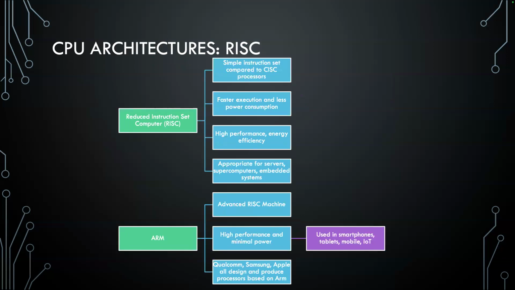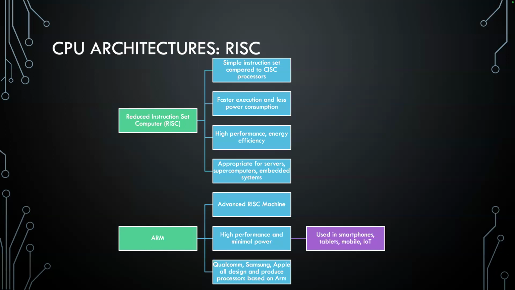Okay, so the RISC instruction set, this is the reduced instruction set computer. It's a lot simpler compared to the CISC instruction set. And it's going to be faster execution, less power consumption. It's really fast.